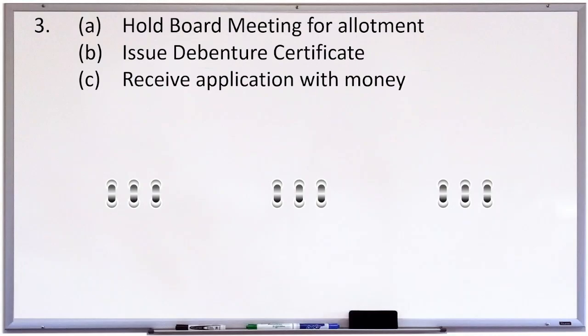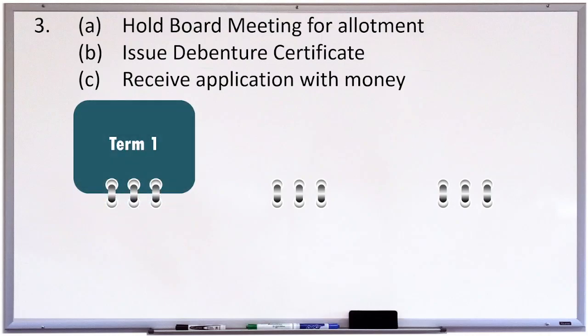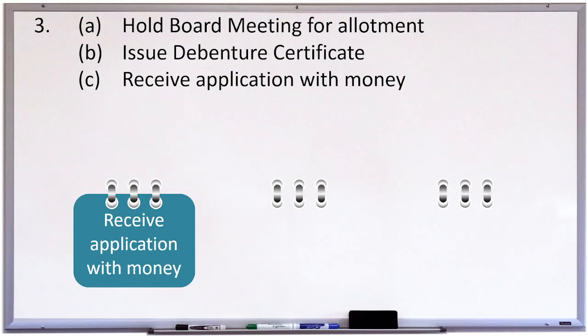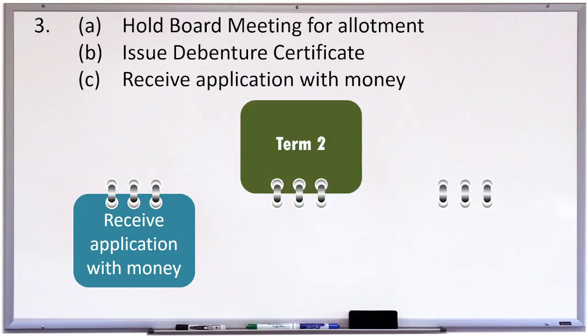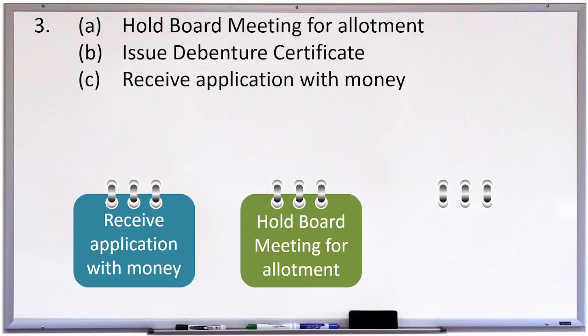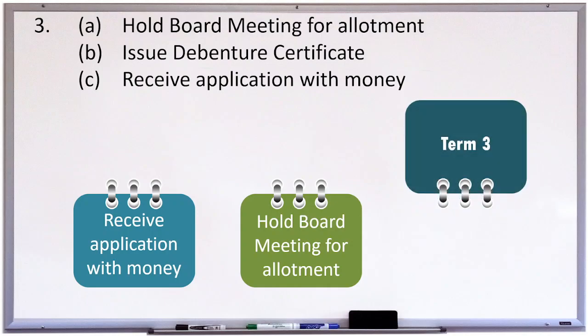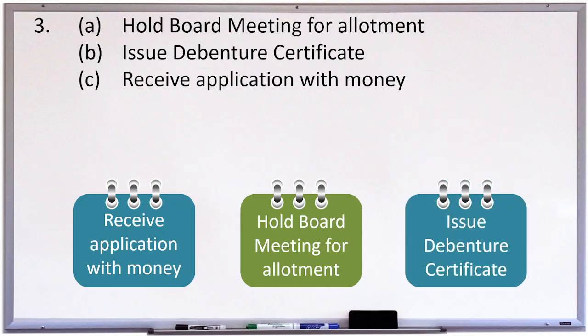A. Hold board meeting for allotment. B. Issue debenture certificate. C. Receive application with money. Term 1. Receive application with money. Term 2. Hold board meeting for allotment. Term 3. Issue debenture certificate.